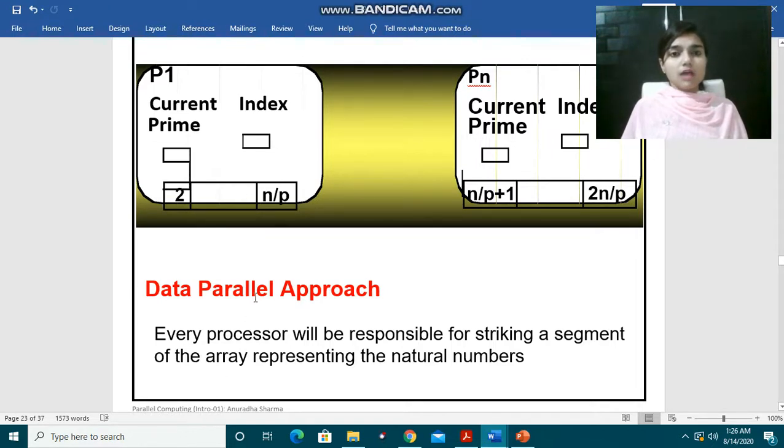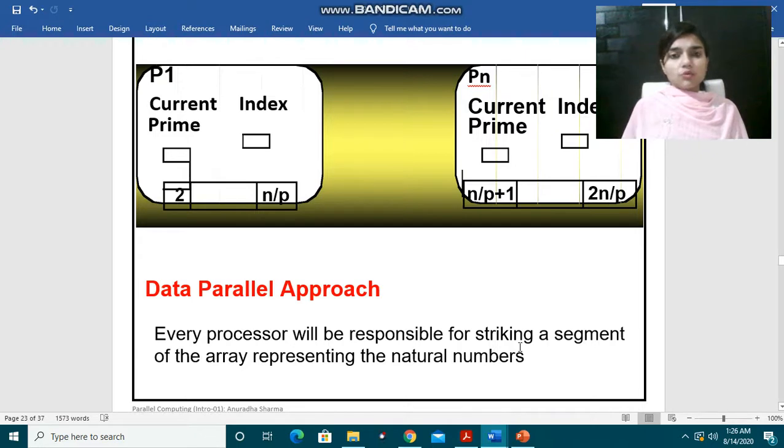So these three variables are used by each processor. Now how does this data parallel approach work? Here every processor will be responsible for striking a segment of the array representing the natural numbers.